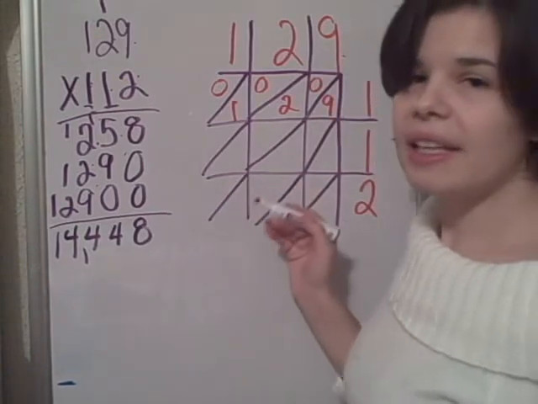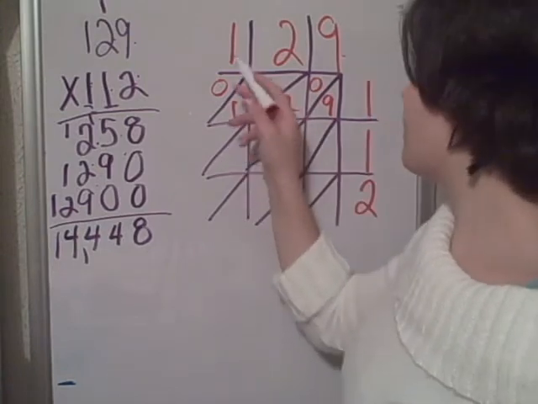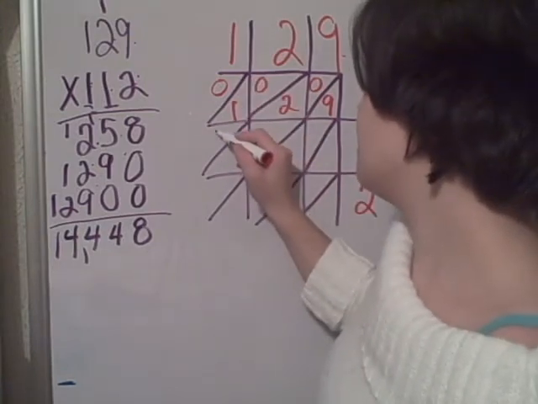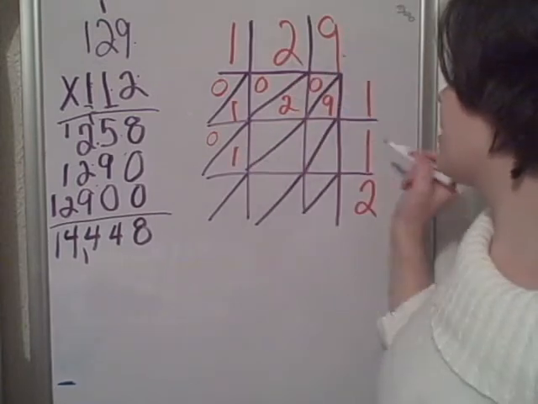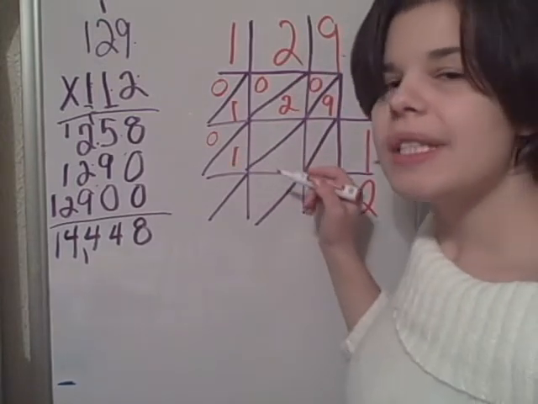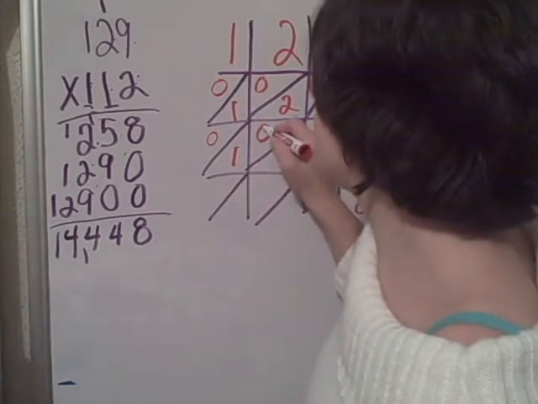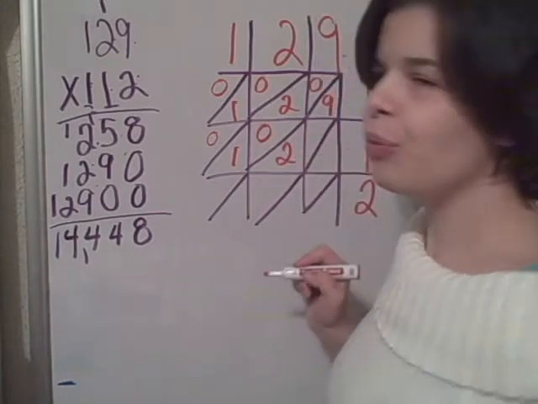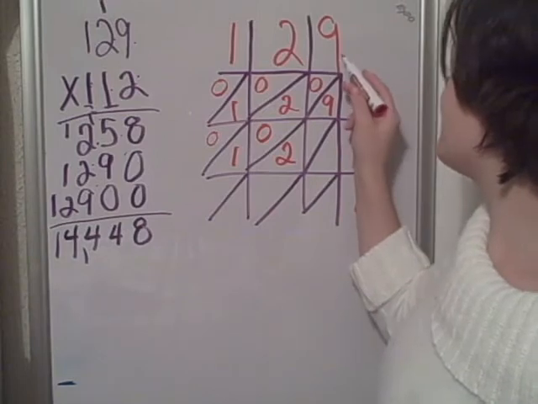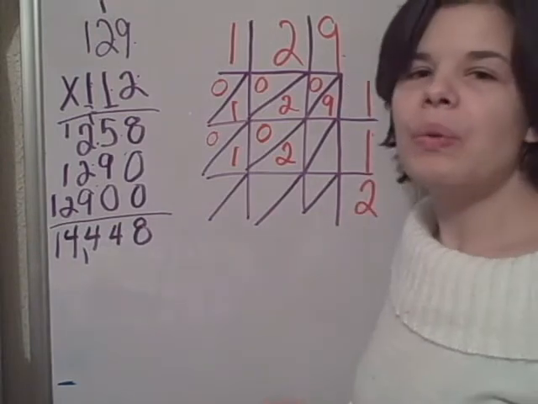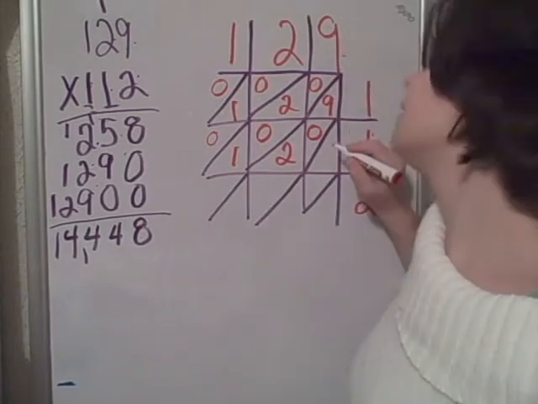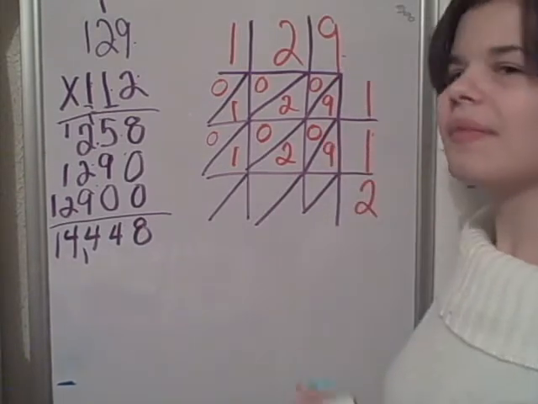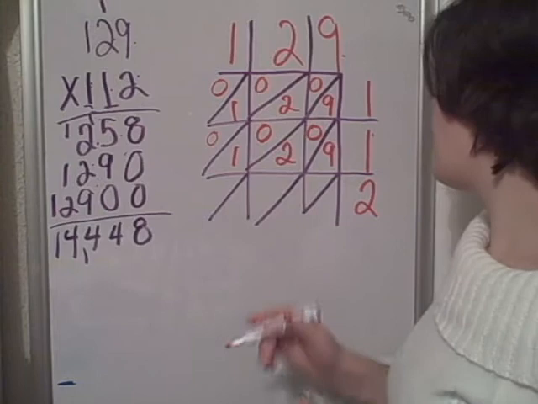Then we can just pick any other spot. We'll just move down to the next row. We have 1 times 1 is 1. So 0 tens and 1 one. 2 times 1 gives us 2, which is 0 tens and 2 ones. We have 9 times 1, which gives us 9, which is 0 tens and 9 ones.